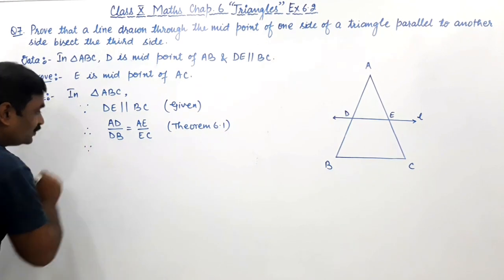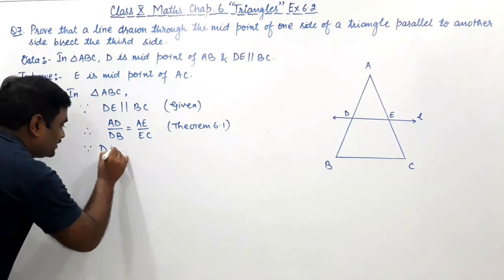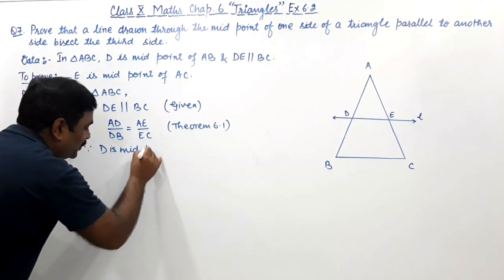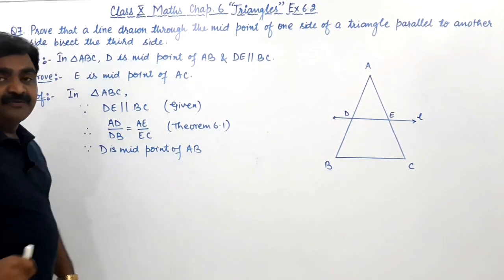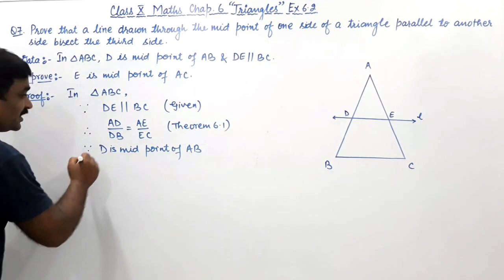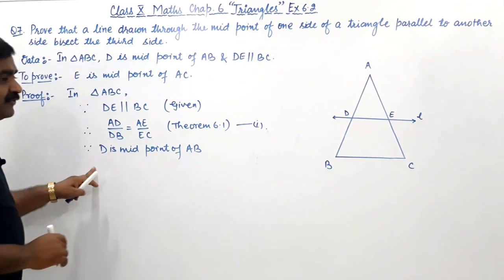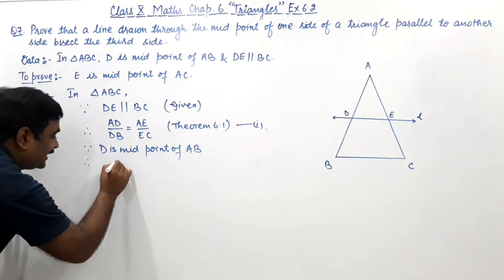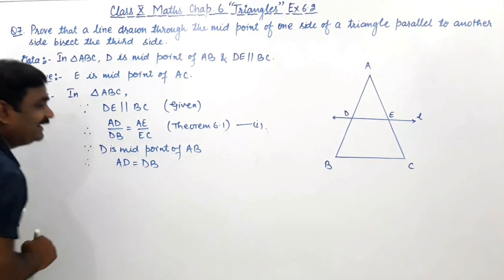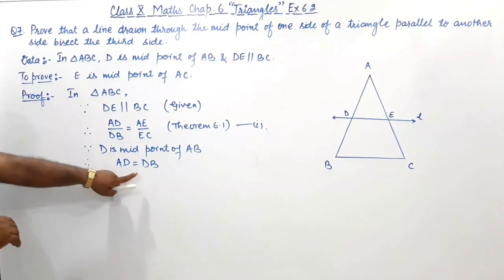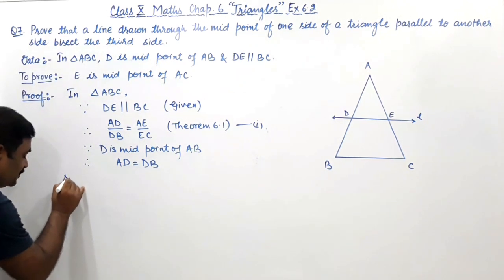Now, what do you know? You know that D is the midpoint of AB. Say this is equation number 1. Since D is the midpoint of AB, you can say that AD equals DB. If AD equals DB, substitute in equation number 1.